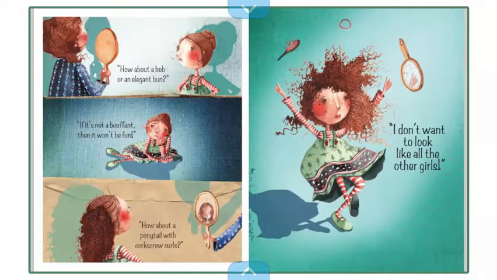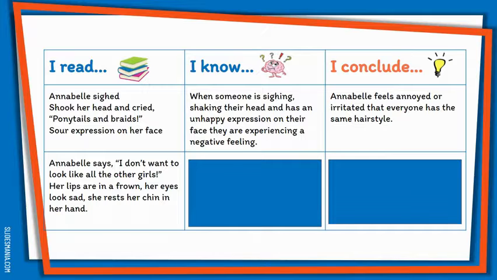In this section, I've read that Annabelle doesn't want to look like the other girls. And in these pictures, I can see that Annabelle's lips are in a frown and her eyes look very sad. She rests her chin in her hand. I know this is how someone looks when they are upset.